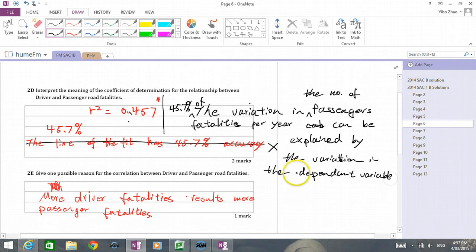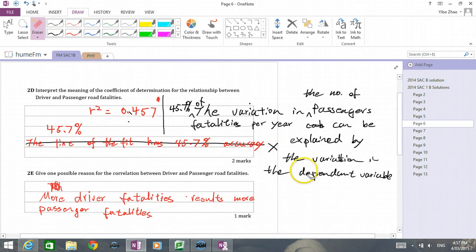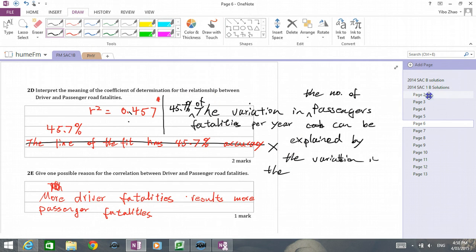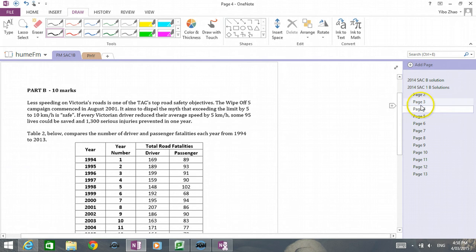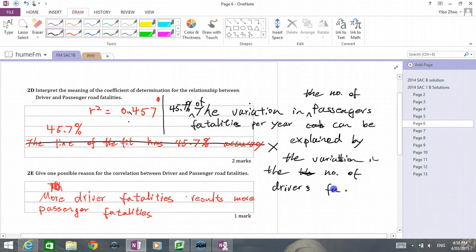Again, I can't write down the words dependent variable. I need to erase this. If I write the words dependent variable, I don't get a mark. I go back and read what my dependent variable is. My dependent variable is the number of drivers' fatalities. So I come here: the number of drivers' fatalities.